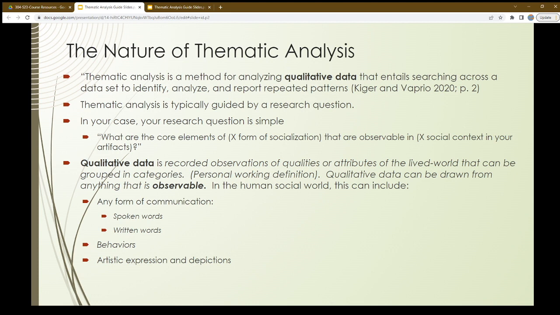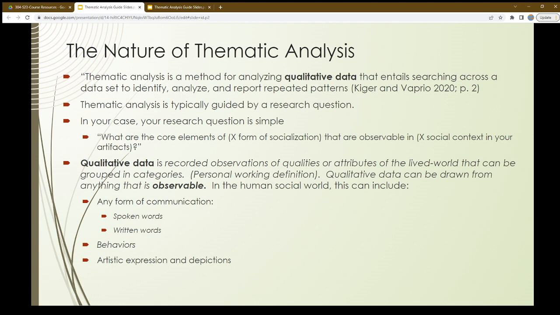You aren't necessarily testing a scientific hypothesis the way you would in quantitative data analysis or another kind of social science. You are merely looking at the world around you, or an element of the world around you, and trying to explore it to recognize the patterns. And so for all of you, you'll all have a very similar research question, an exploratory research question, in which you ask: what are the core elements of X thing that are observable in X content or X social context, your artifact?